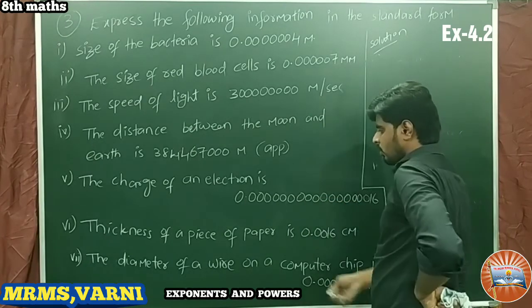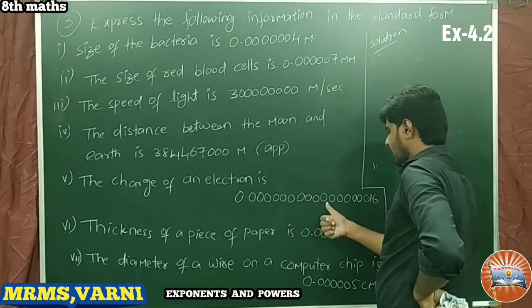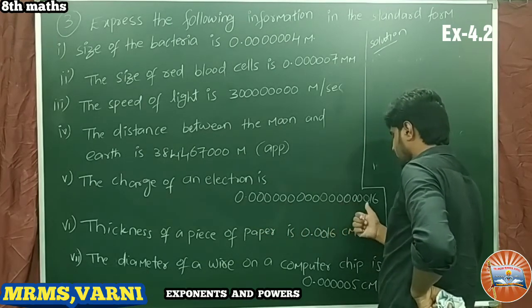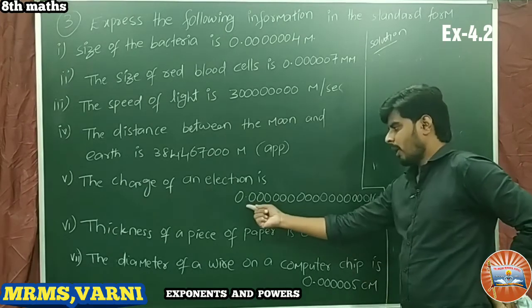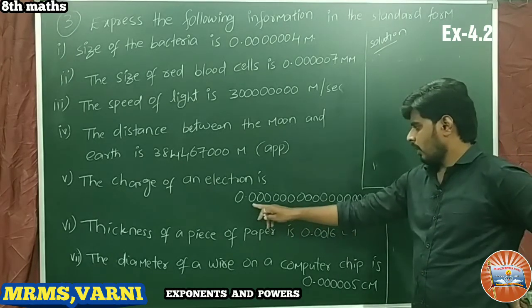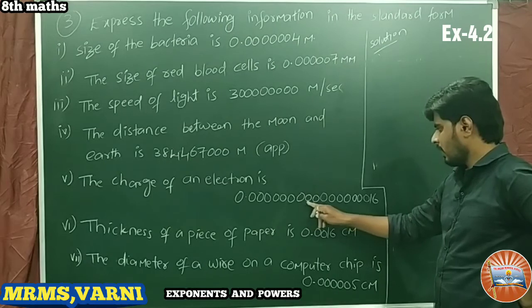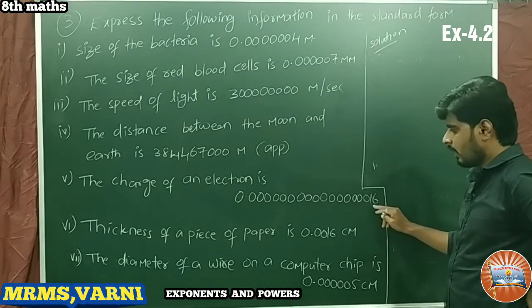0.0000000000000000016. How many zeros? 1, 2, 3, up to 16 zeros, and then after that 1, 6. So after the decimal point we have 18? Let me count again, 1 to 18.